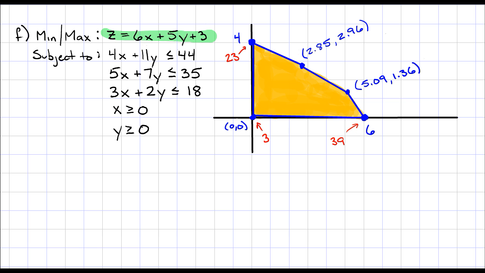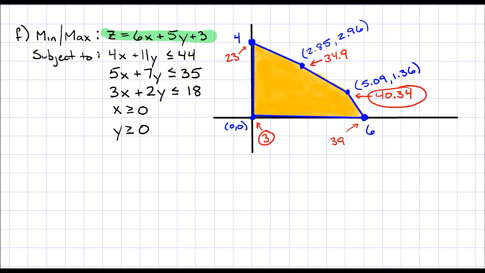And for these last 2 points, I'm going to use a calculator. So if I plug in x equals 2.85, y equals 2.96, I'm going to get 34.9. And then plugging in this last point, x equals 5.09, y equals 1.36, I get 40.34, which I believe is my maximum. And my minimum in this case occurs at the origin, and that's 3.